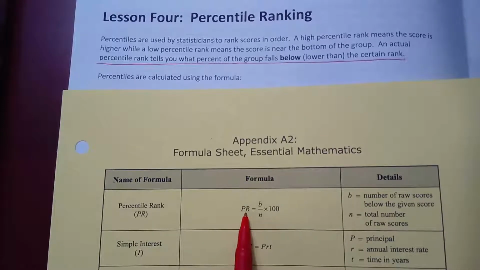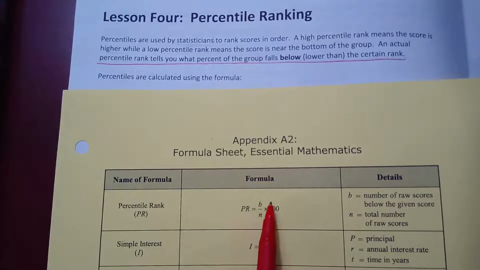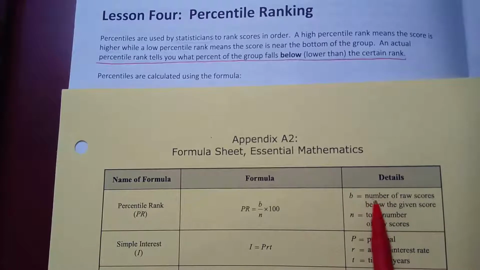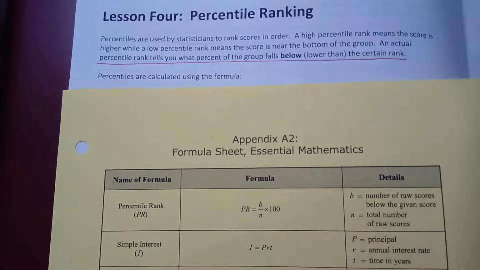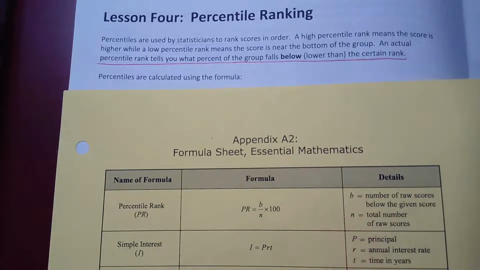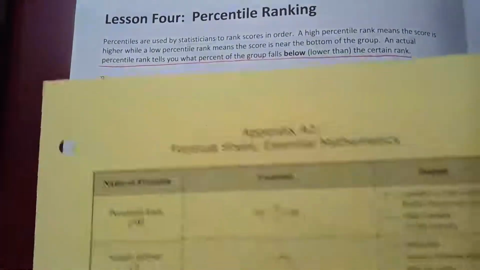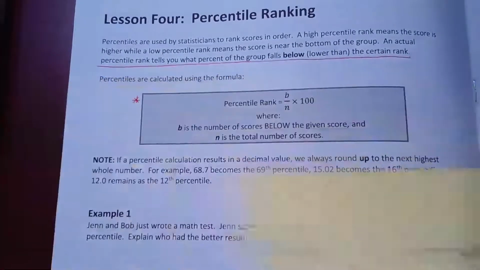PR is just short for percentile rank, and it is equal to B divided by N times 100, and the sheet tells you what B and N are on the side. So if you need a percentile ranking formula, you can either check the book, or you can check our formula sheet.